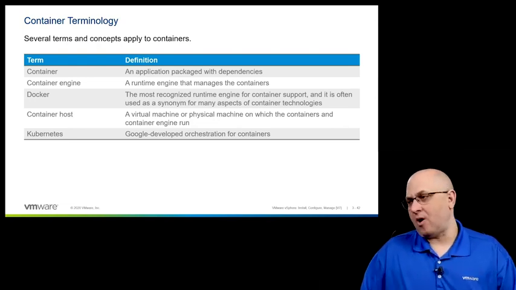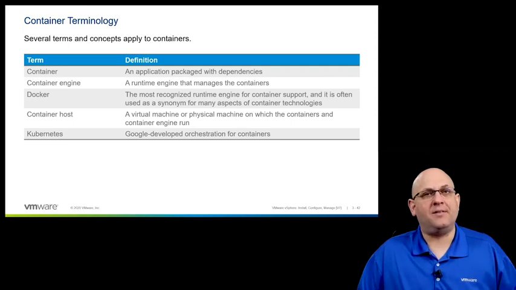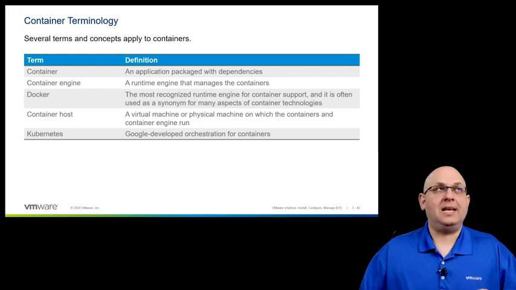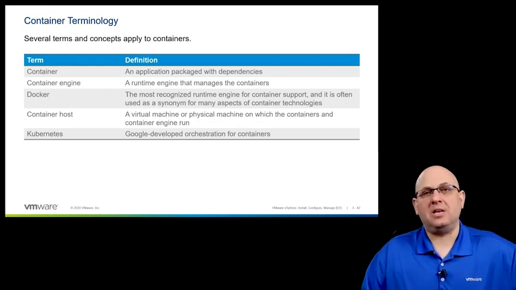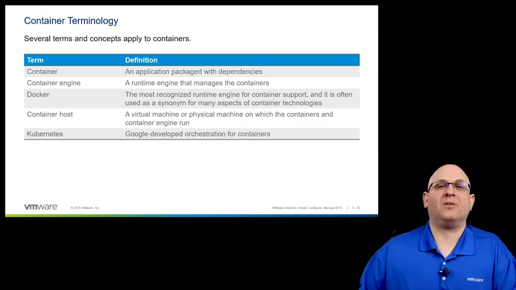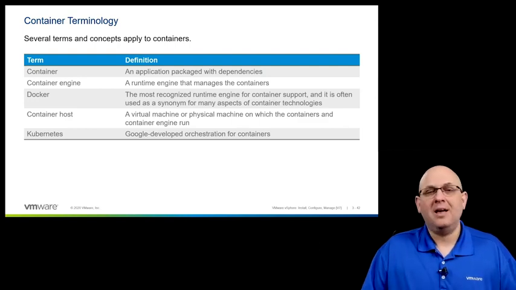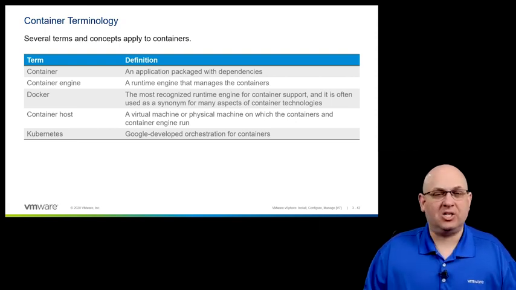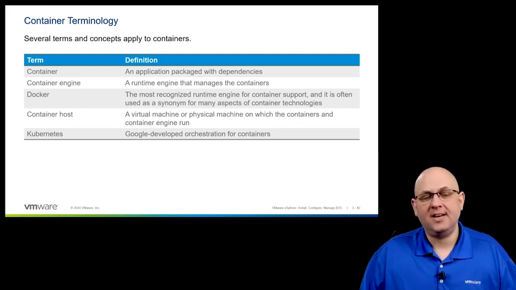As a developer, I want to say, hey, I need 3 of these database containers. Well, and I need 4 of the application with the UI. I need 5 of the web servers and all this kind of stuff. Well, that's where this term or this product, or project I should say, called Kubernetes comes in.